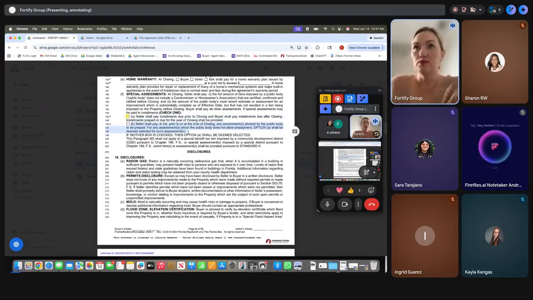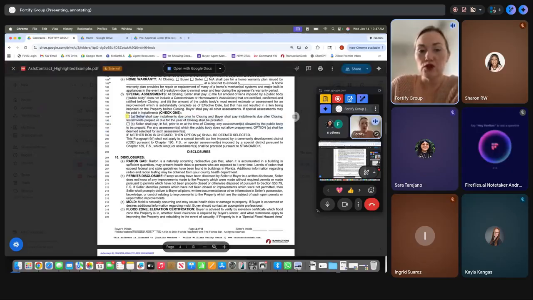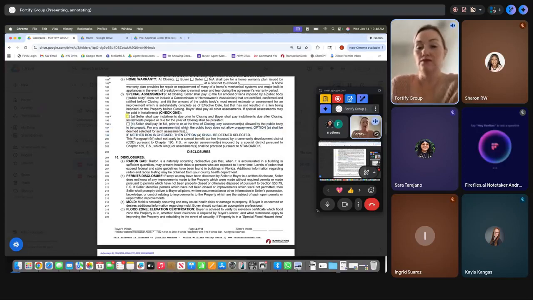If it comes up during title work, this is going to protect the seller. So most sellers aren't going to sign a contract if B is checked, because that would require that if and when a special assessment is found, they would have to pay it in full, and then the buyer would close, and that special assessment would go away.